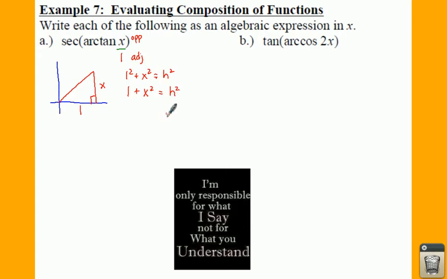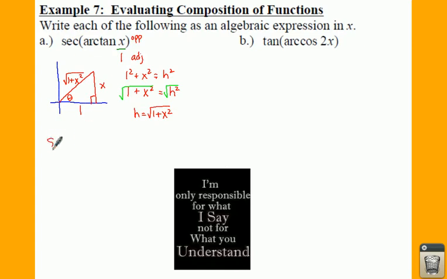You're using expressions instead. So if we take the square root of both sides, h ends up equaling the square root of 1 plus x squared. No biggie. It's just an algebraic expression. So we're still going to find, in this case, our secant of theta.